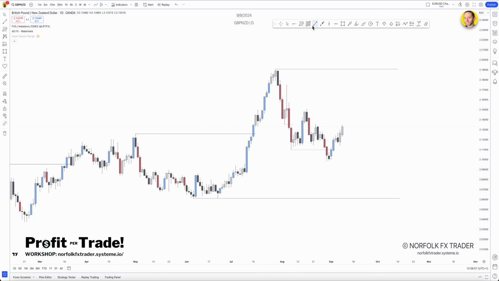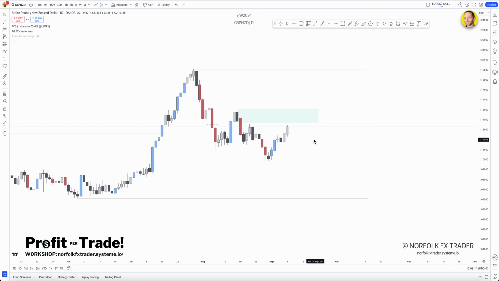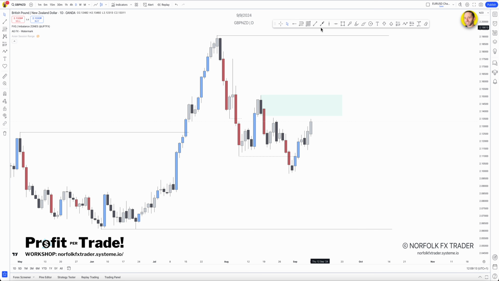Now for the internal structure, we did break out, left this origin area here of supply. So until we see the market running through this supply and then pulling back, we're not going to continue bullish. But now looking at this single candle, we can identify that we potentially could push through bullish today.